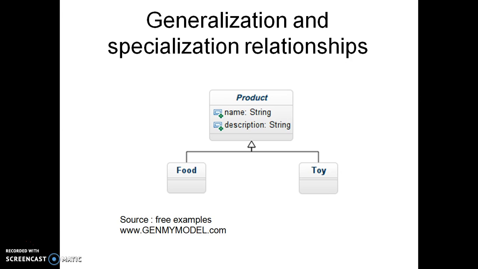So, an example here would be that a product can be either a food product or a toy product in a shopping application. This would be an example of specializing a product into food products and toy products, or generalizing various kinds of products into the product category.